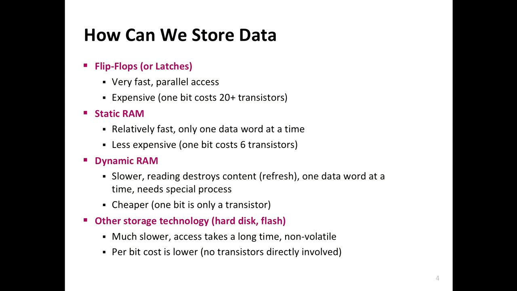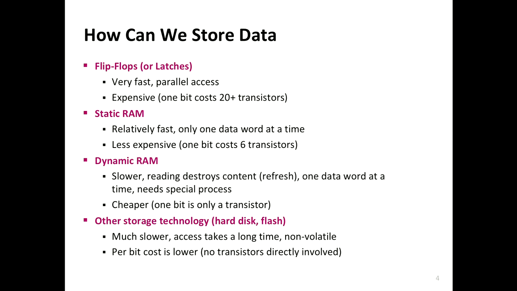Then comes the next level in the hierarchy, static RAM, which is relatively fast, meaning it's faster than dynamic RAM or other storage technologies. You store many more bits, and it's relatively less expensive in terms of cost per bit, at about 5 to 6 transistors per bit, depending on the technology.